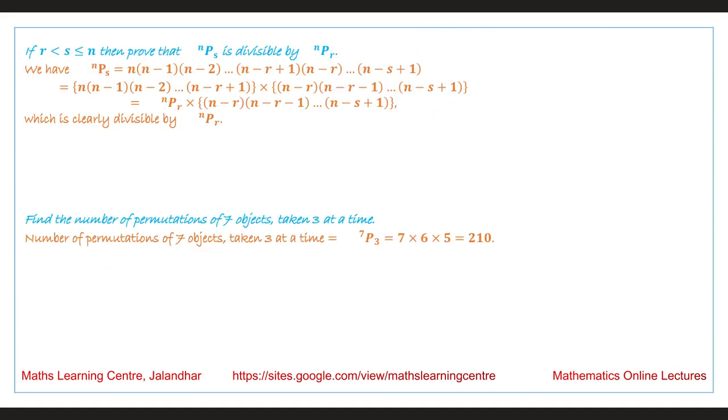Next is, if r is less than s is less than or equal to n, then we have to prove that nPs is divisible by nPr.